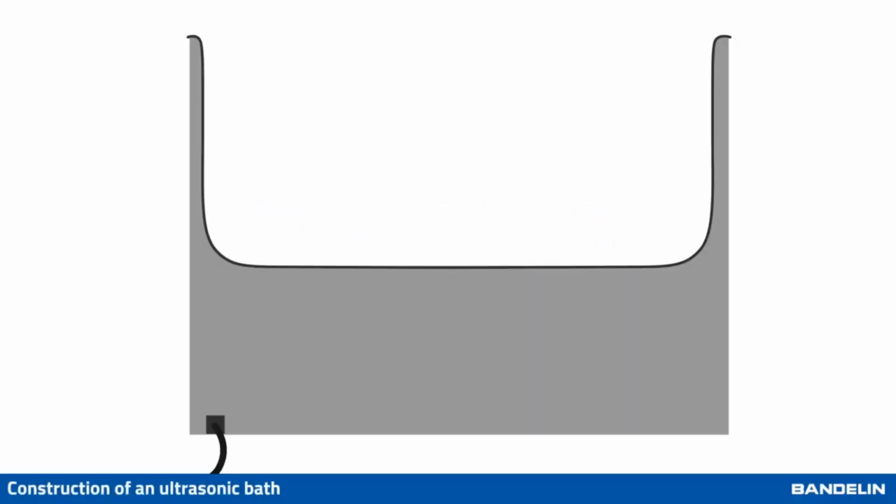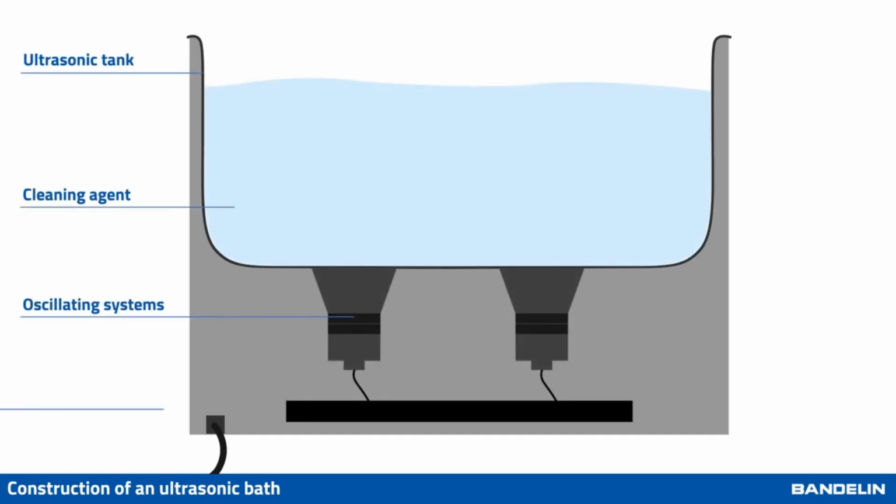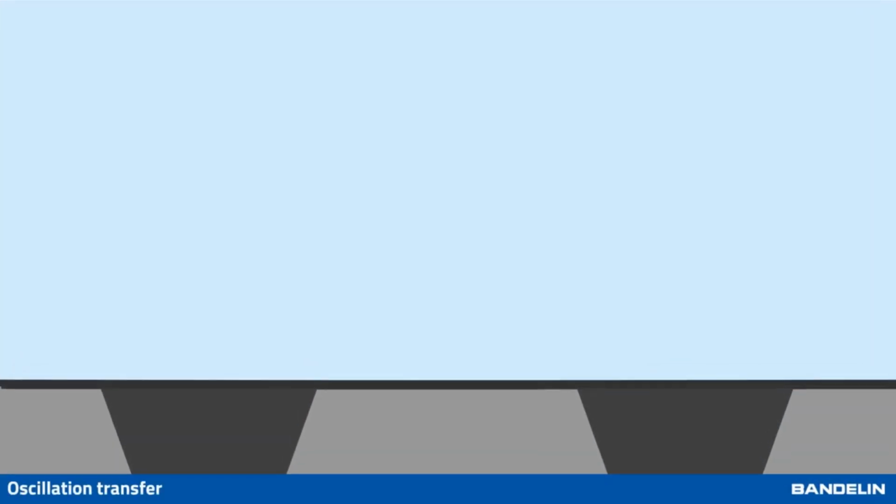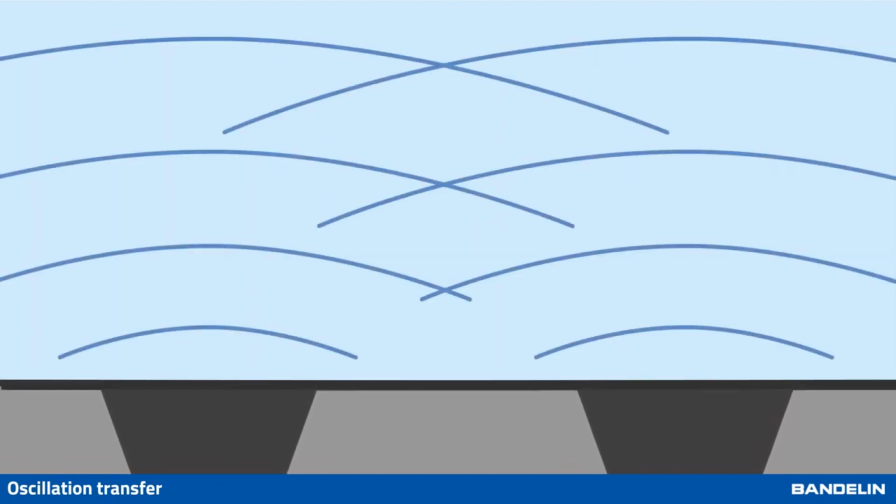An ultrasonic cleaner consists of an ultrasonic tank filled with a cleaning agent, oscillating systems, and an ultrasound generator. When the ultrasound is activated, the generator supplies the oscillating systems with electrical energy. These transfer the oscillation to the cleaning fluid.